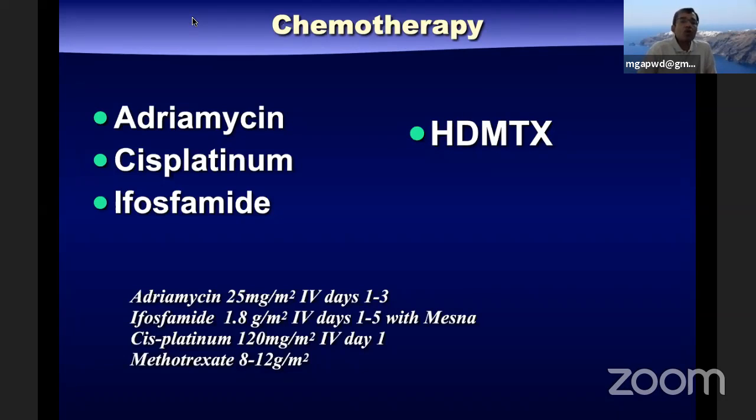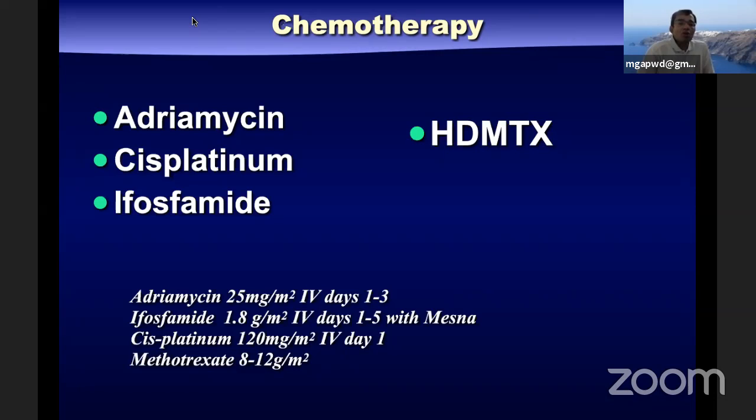Let's put it that there are two protocols. One is high dose methotrexate based protocols, which are called MAP protocols because it is methotrexate, adriamycin, and cisplatinum. And the other protocols are non-methotrexate based, which will use ifosfamide instead of methotrexate.